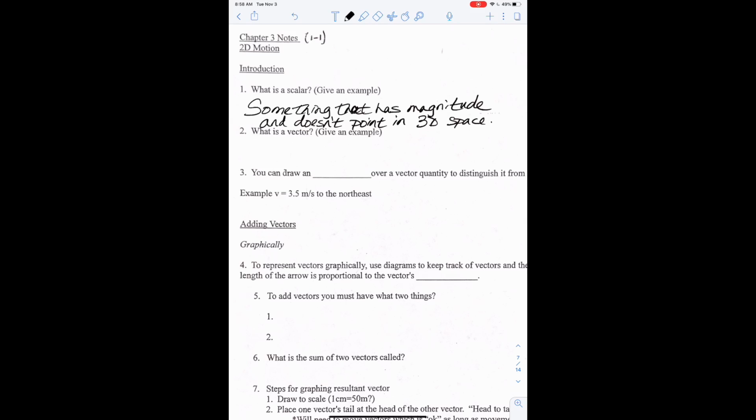Whereas a vector, let's give an example of a scalar. A scalar would be the number of pages of a book.